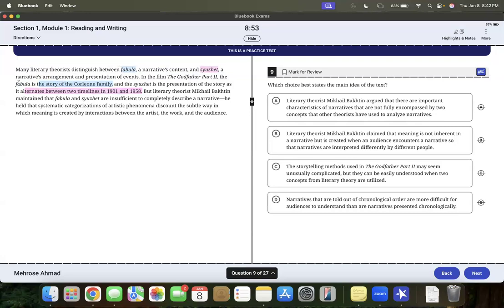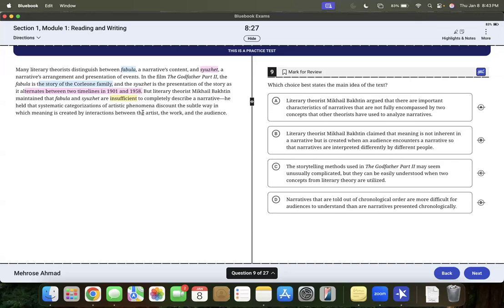If you note, I'm keeping the color themes consistent, so fabula is always blue, sujet is always pink. But literary theorist Mikhail Bakhtin maintained that fabula and sujet are insufficient. So this is a completely new idea, so I'm highlighting in yellow. To completely describe narrative, he held that systematic categorizations of artistic phenomena discount the subtle way in which meaning is created by interaction between the artist, the work, and the audience.